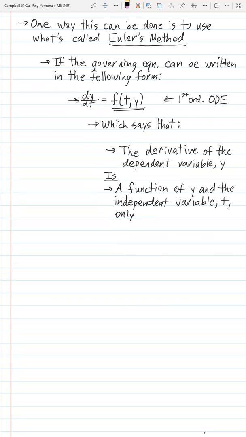And so that says that if I know the value of the system response at a particular time, t, I can just plug in that particular system response and that particular time, and I now have the slope of the underlying response curve at that particular time.